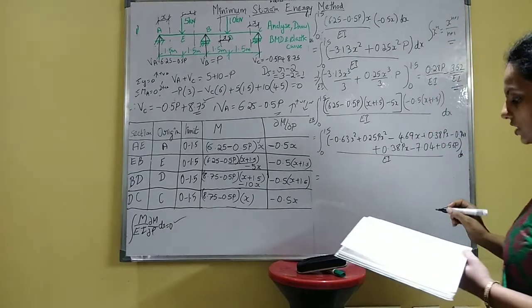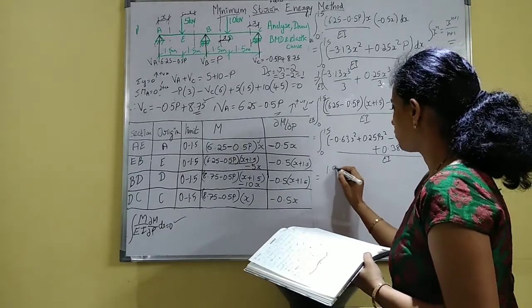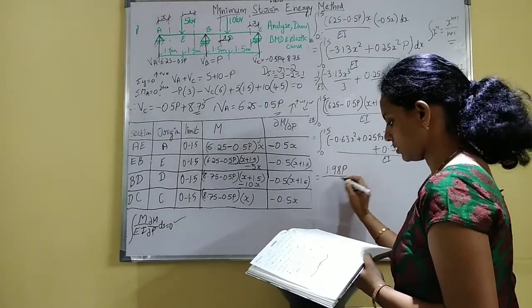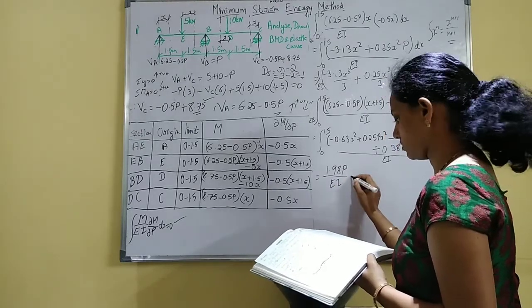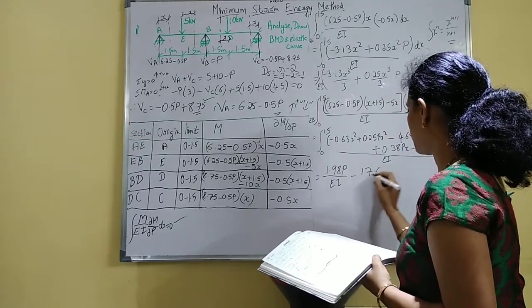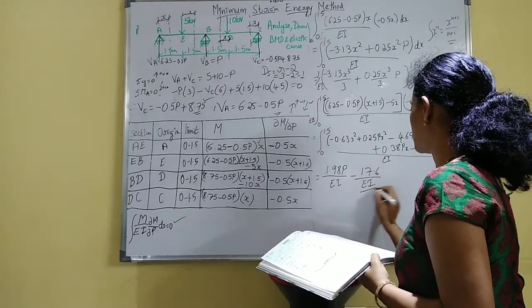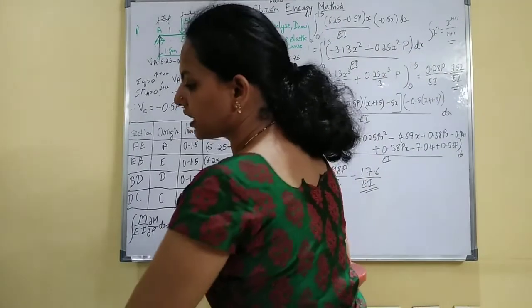So after integration you have 1.98 P divided by EI minus 17.6 by EI. Okay, this is after integration you will have.